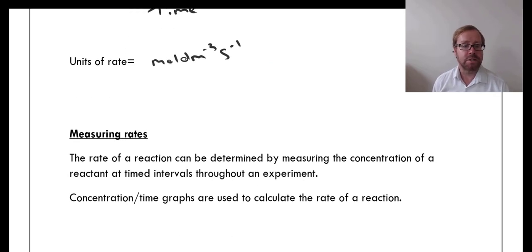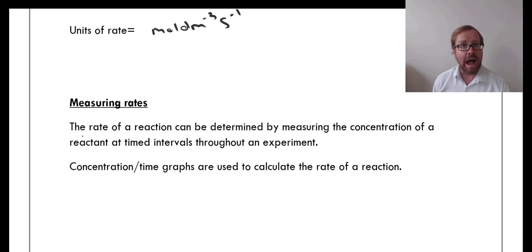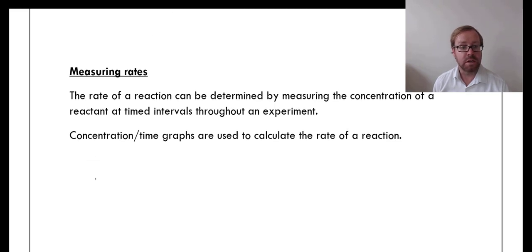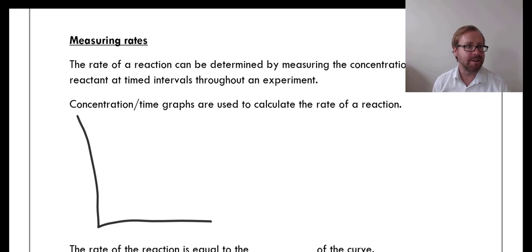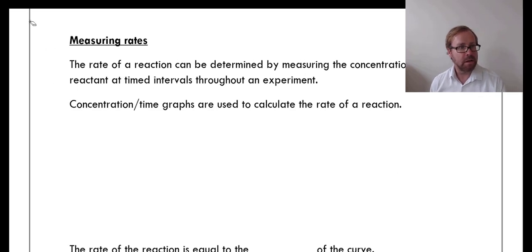So measuring rates. The rate of reaction can be determined by measuring the concentration of a reactant at timed intervals throughout an experiment. And after we've done this, we can draw a concentration time graph. I'm just going to do a quick sketch.